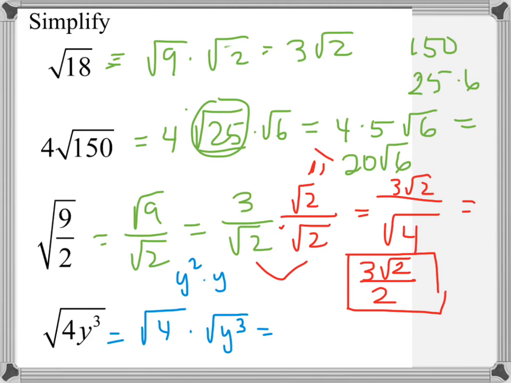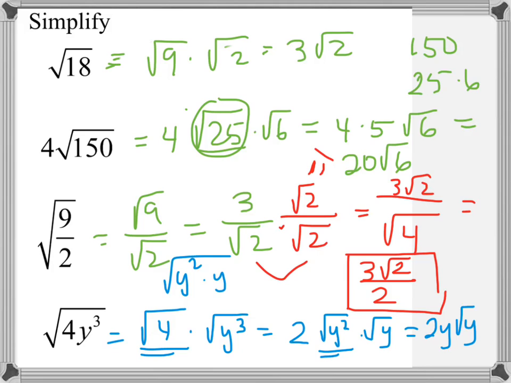So I'm going to break that down further into these two factors. Let's simplify the square root of 4, which is 2. Now, I'm going to break this down as the square root of y squared times the square root of y, and this simplifies to just y. So what I have is 2 times y times the square root of y. And that is as far as I can go. There's no other perfect squares that I can pull out of that radical.